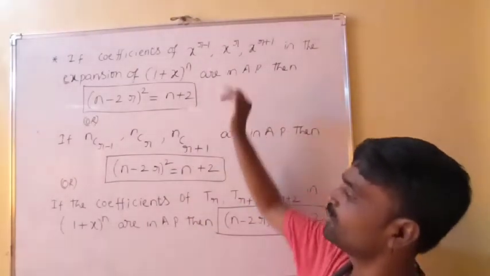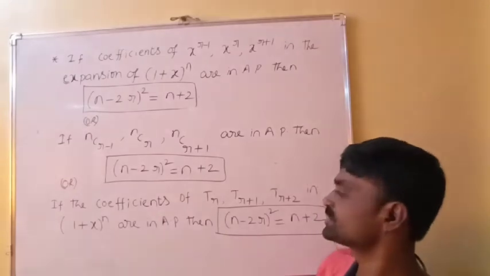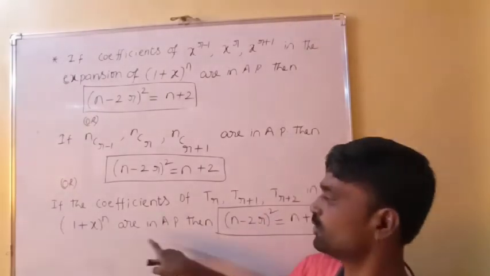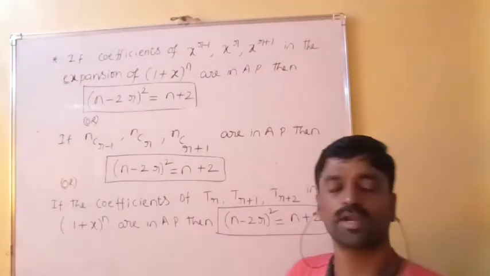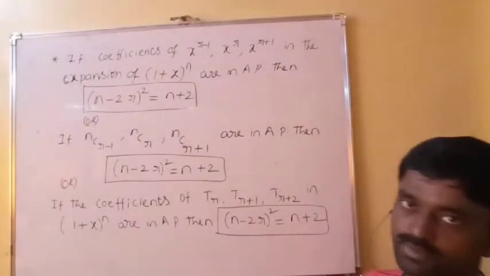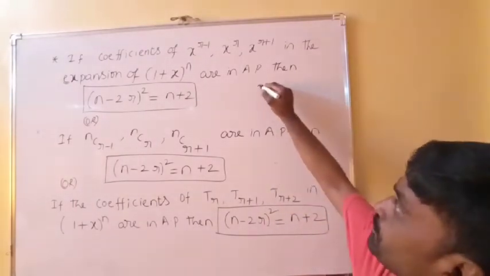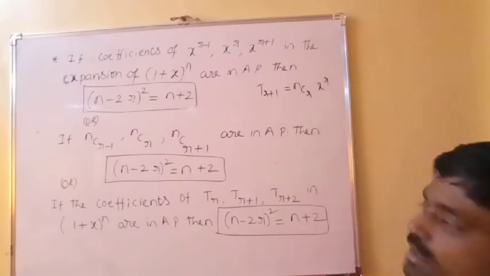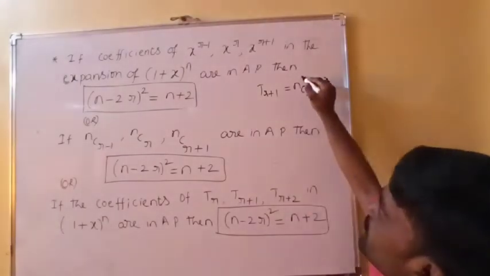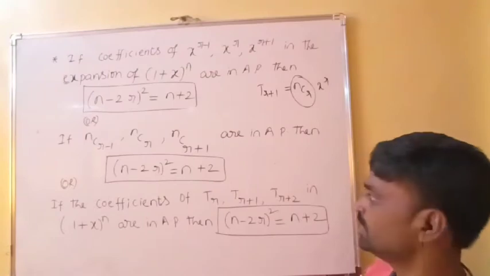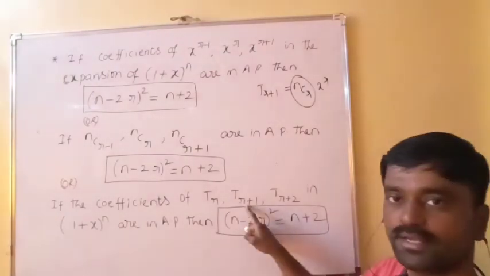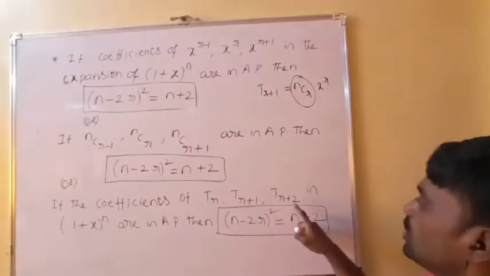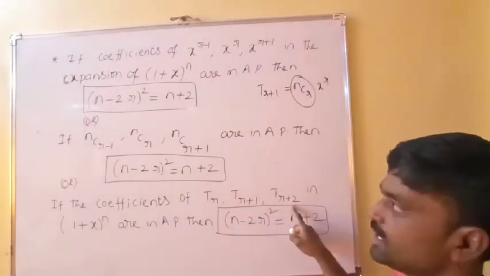That's why the same formula can also be written as: if the coefficients of the r plus 1, r plus 2th terms in the expansion of (1 plus x) whole power n are in AP, the condition is (n minus 2r) whole square is equal to n plus 2. If you write T(r plus 1), you get nCr x power r. So the coefficient of the r plus 1th term is nCr, the coefficient of the rth term is nC(r minus 1), and the coefficient of the r plus 2th term is nC(r plus 1).